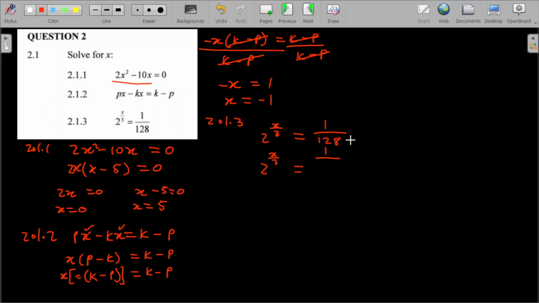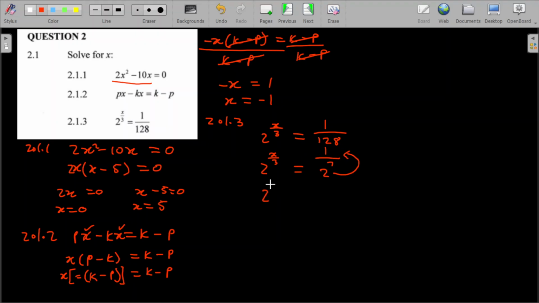Let me deal with this 128. Now, the prime factor of 128 is going to be 2 to the power 7. And now from here, this base of 2 is on the denominator. So if I take it to the top, the sign of the exponent is going to change.